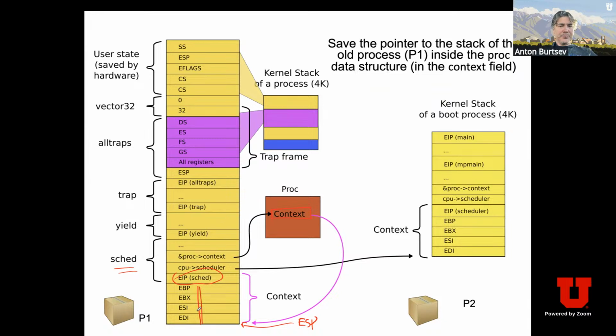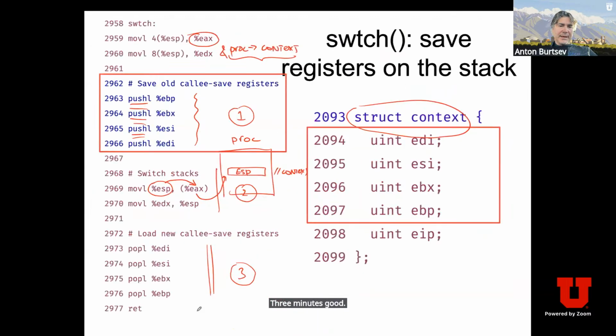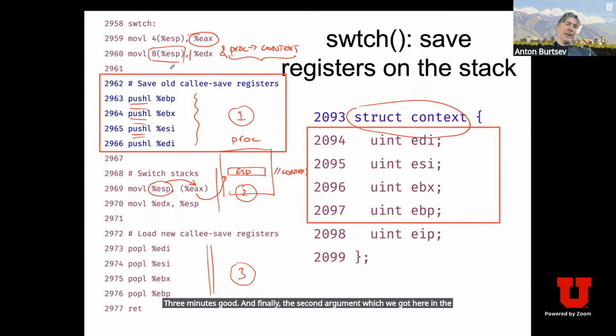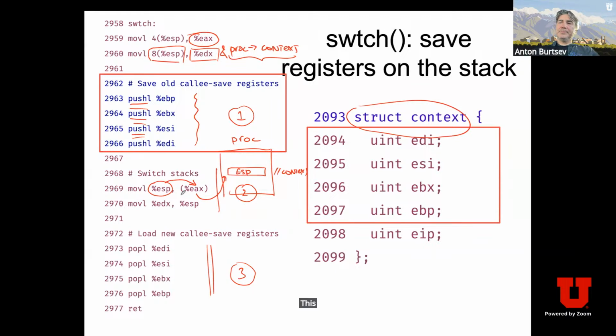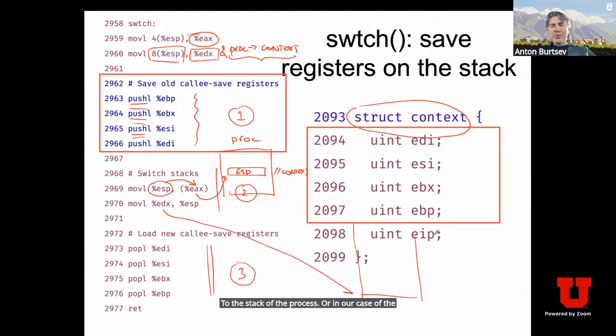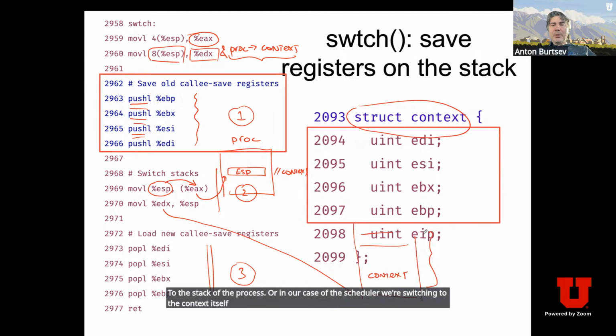And finally, the second argument, which we passed on the stack according to the calling convention, we save here in the EDX register. This EDX register contains the pointer to the stack of the process, or in our case the scheduler, we're switching to. The context itself is sitting on top of some stack. That's the assumption in xv6.